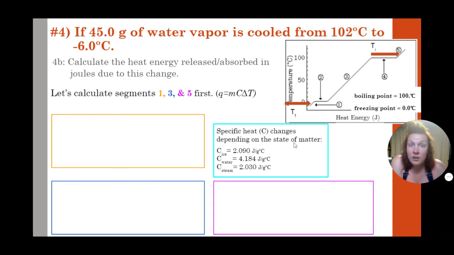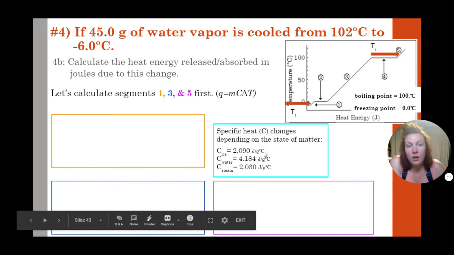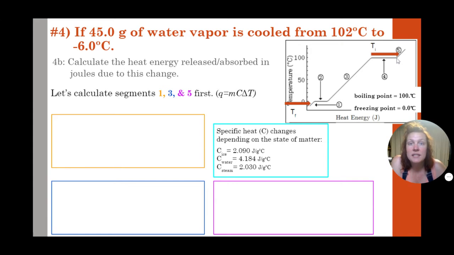Depending on the state of matter, the specific heat of the substance can also change. These are values that you will be provided. For instance, solid ice has a different specific heat than liquid water and vaporized water, which is steam. I provided all 3 specific heats, and because we are moving through all 5 segments of this heat curve, we are going to use all 3 in different ways.